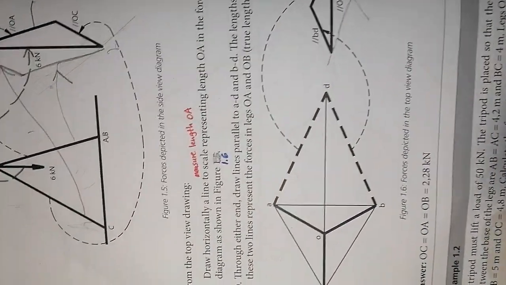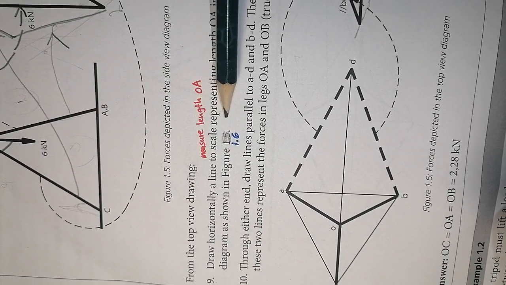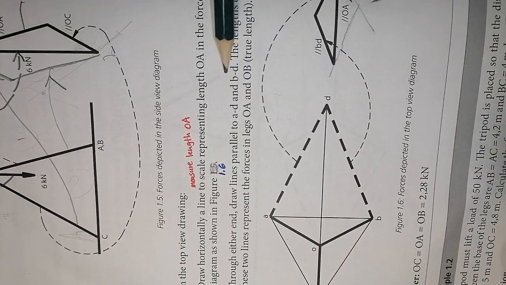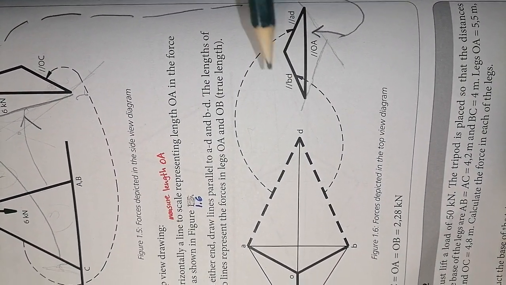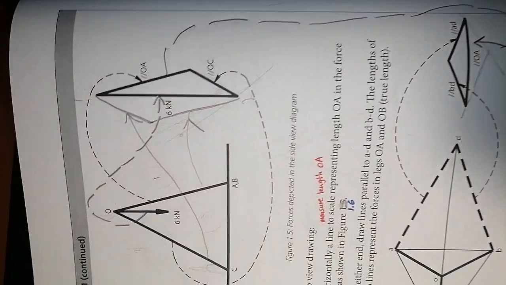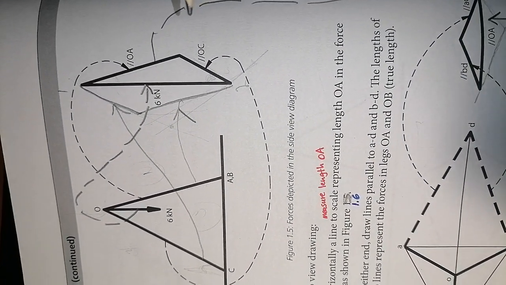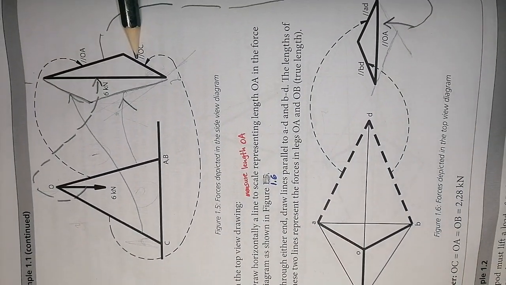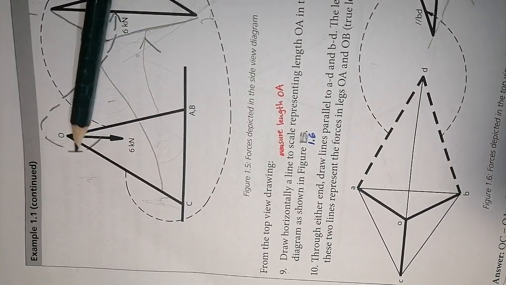Right, number 9. Draw horizontally a line to scale representing length OA in the force diagram as shown in figure 1.6. Here's figure 1.6. So what we have to know here is that OC, because OC is the true length.